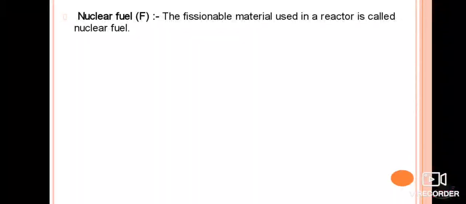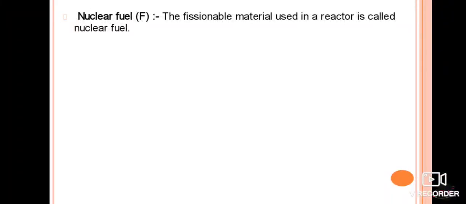Generally uranium 92-235, which is available as a natural fissile material, is used. Similarly, plutonium as well as uranium isotopes are artificially formed fissile materials, and they are used as fuel for the nuclear reactor and placed in the core of the reactor.